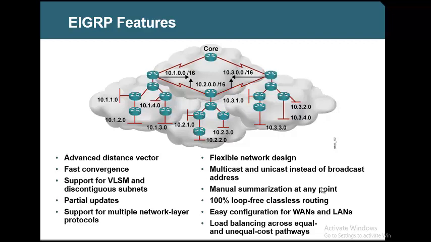Whereas in EIGRP, the neighbor gives metric to reach some destination. To that metric, the metric between that neighbor and myself is added.